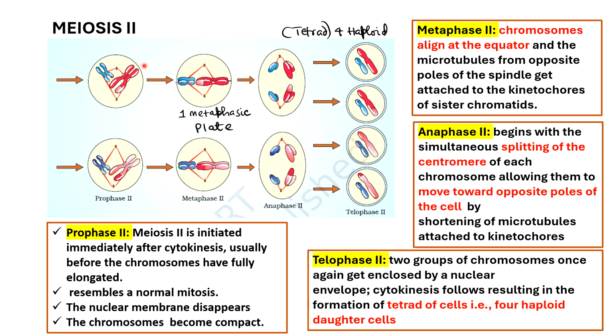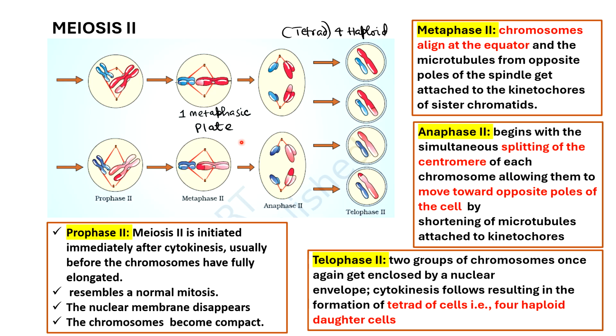They again start to condense or tend to become thick, because we are again going to divide them, so we need them to be thick, right? So the nuclear envelope also disappears and the chromosomes become compact.